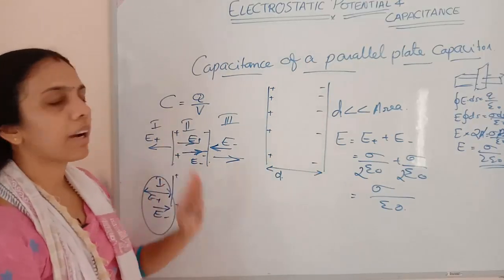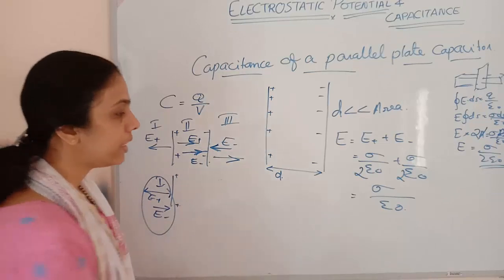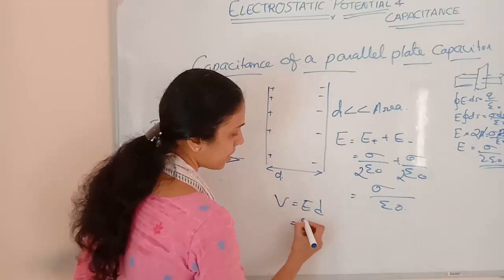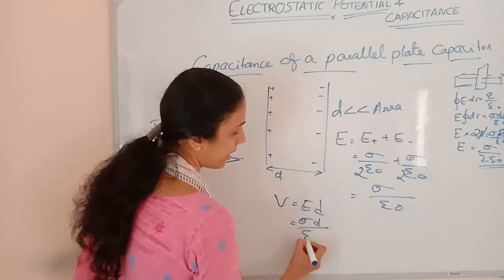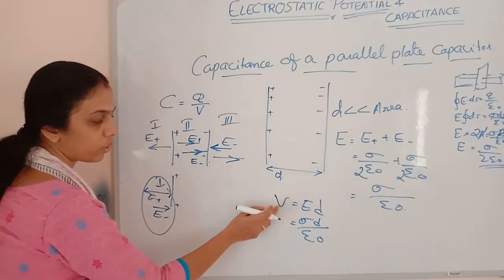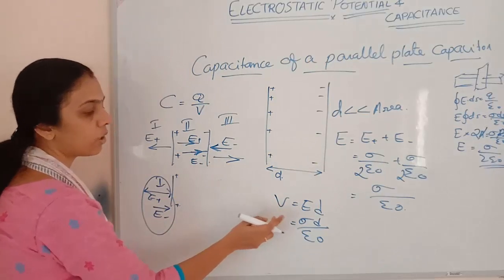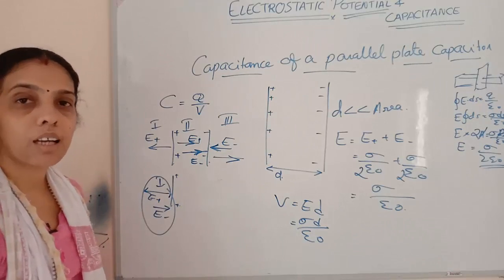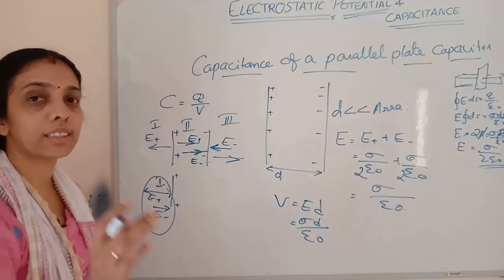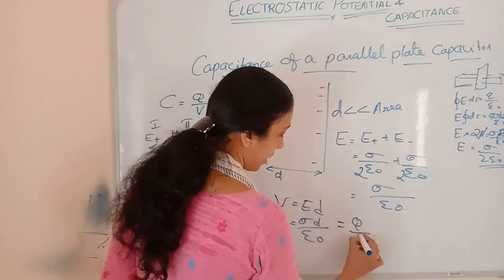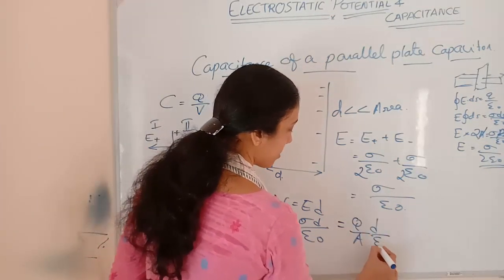Now, how can we find the potential? V equals E into D. So V equals sigma D divided by epsilon 0. So we got E, and through E we found V. What is sigma? Sigma is the surface charge density, that is charge per unit area, Q by A. So V equals Q by A into D by epsilon 0.